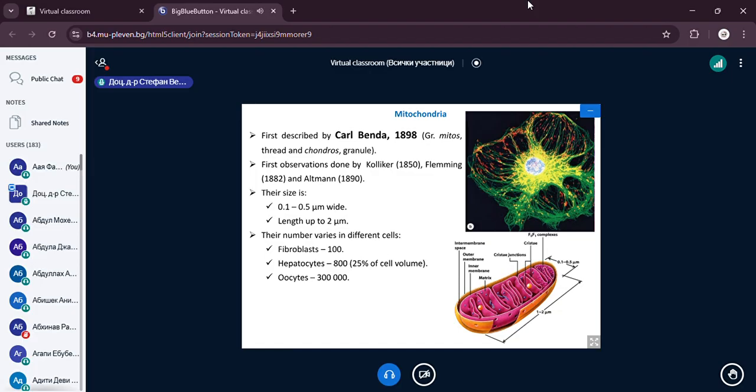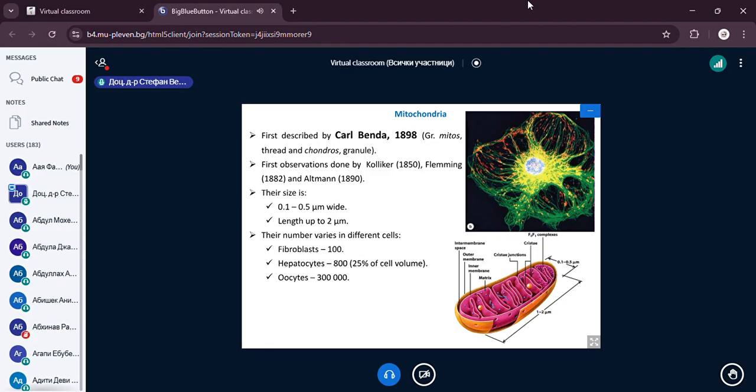Okay, so let's continue with the second organelle for today, mitochondria. Mitochondria are organelles which were one of the first organelles to be observed and described in the cell because mitochondria can be quite variable in size.